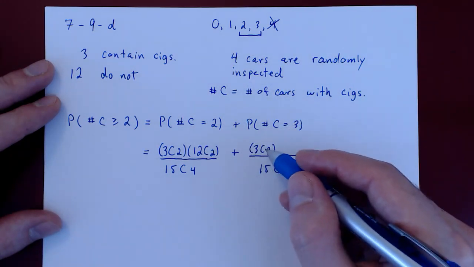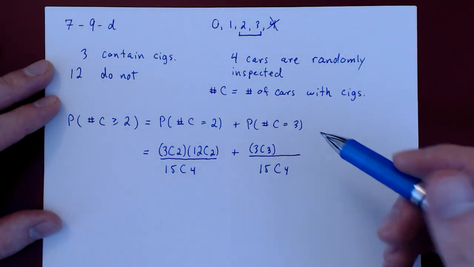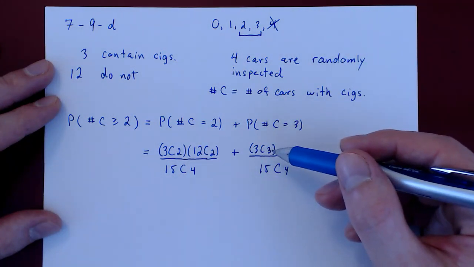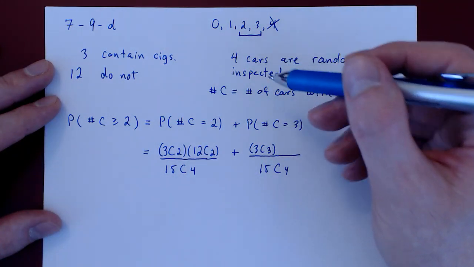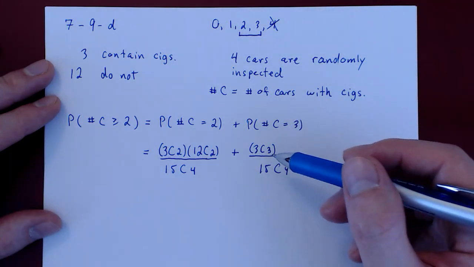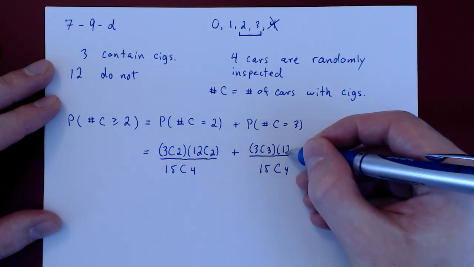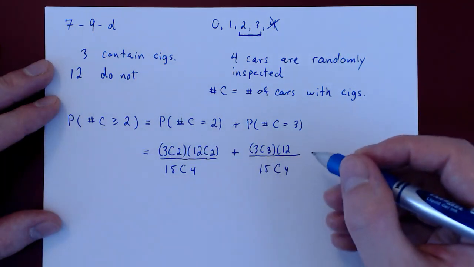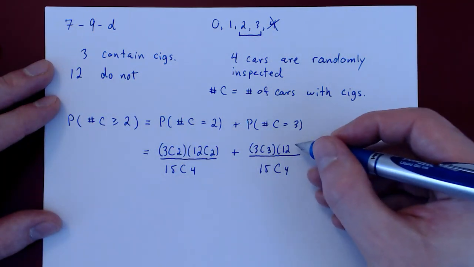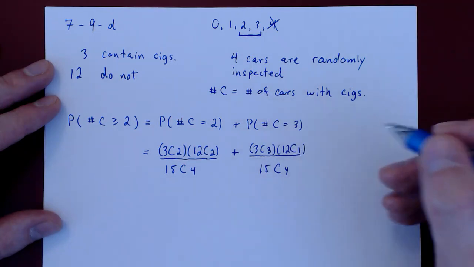This is, of course, 1, but for good measure, we write it down. And again, that's not all. We are choosing 4 cars in total. We're missing 1. So 3 from the cars that contain cigarettes, and out of the 12 that do not, we choose the remaining 1 car. 12 choose 1.